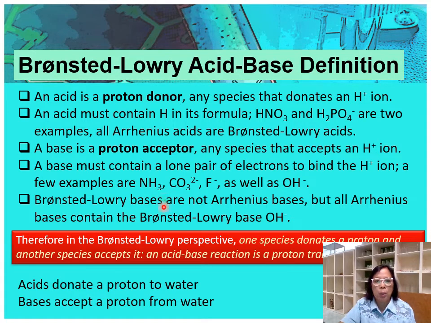That is the Bronsted-Lowry perspective. So acid donates proton, bases accept proton. Acid has H plus in the beginning of the formula. Bases have OH at the end of the formula.